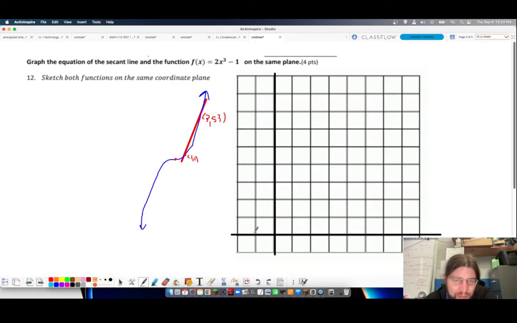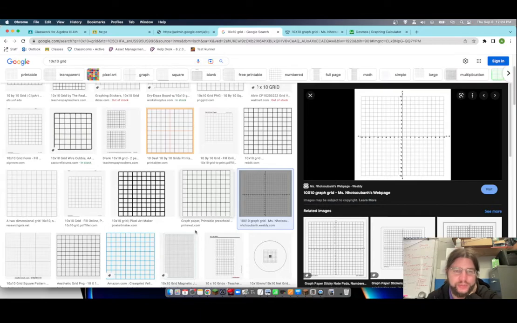On the X, I'm going to count by ones, so I'm going to label this 1, 2, 3. On the Y's, let's count by 5, 10, 15, 20, 25, 30, 35, 40, 45. I guess we've got to count by tens or something. Maybe eights. I don't know. Let's go by fives. Fives would be better.